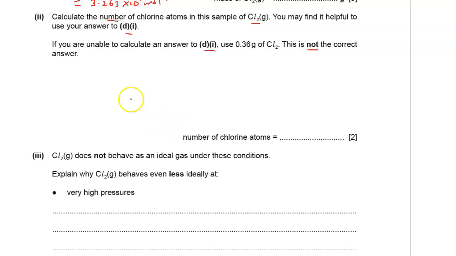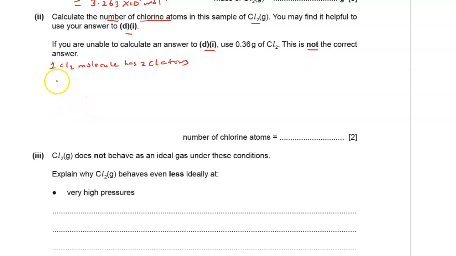So we're supposed to calculate the number of chlorine atoms. And of course, we know that one chlorine molecule contains 2 chlorine atoms.